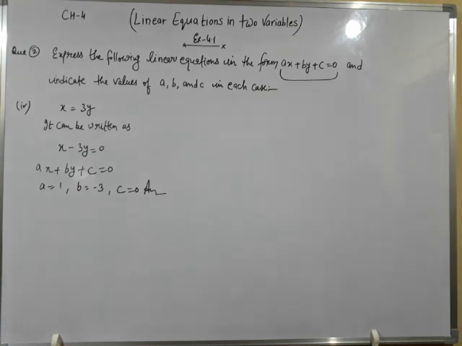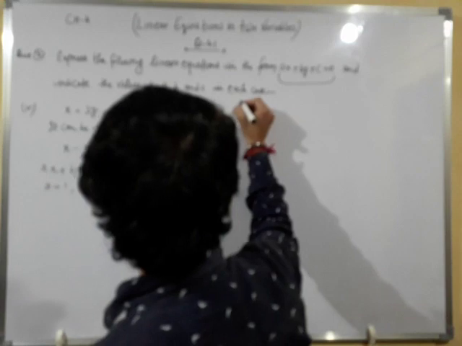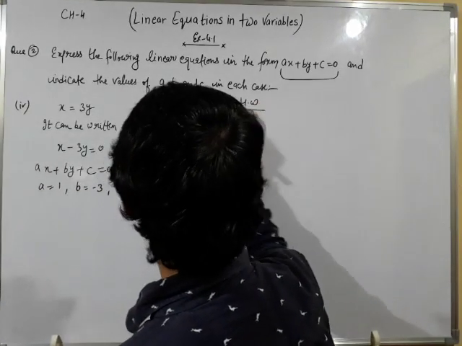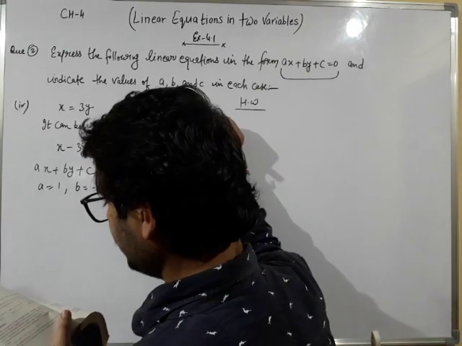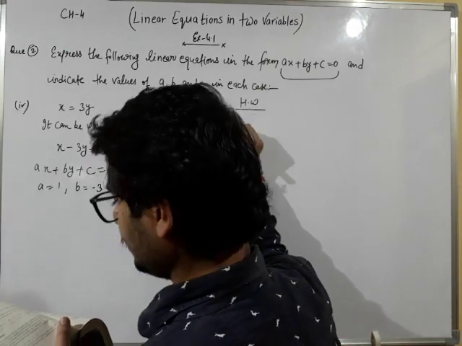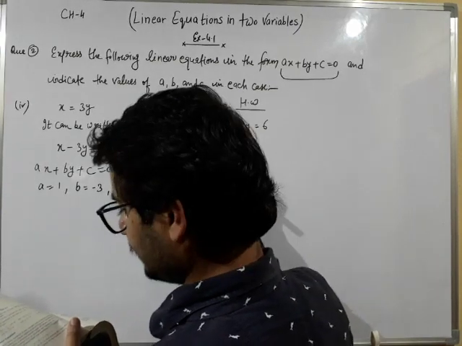After the fourth part, you will be able to solve all the remaining parts. I am giving you all the remaining parts as your homework. This is your homework. Third part, it is minus 2x plus 3y equals 6.